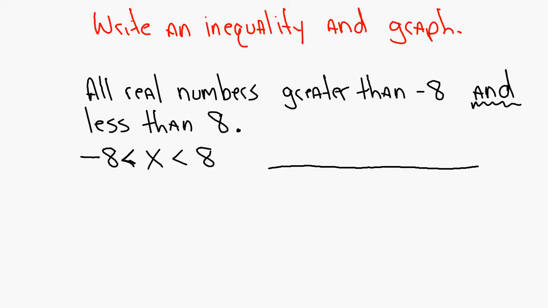When you graph these, on your number line goes a -8 and the +8. You're graphing everything that's greater than -8, so that is an open circle on the -8. And you're graphing everything less than +8, so it's an open circle on the +8. And it's everything in between, so you're shading the middle.